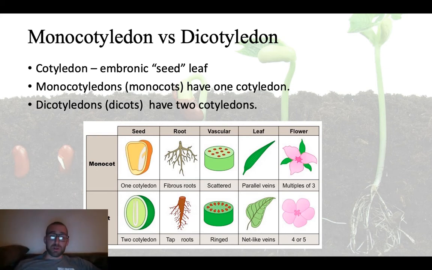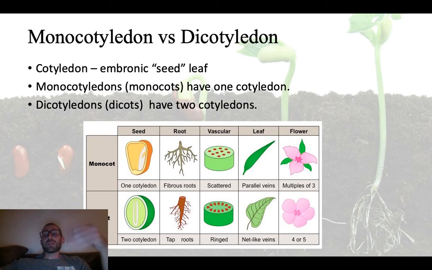Sometimes there's some variation in these. But for the most part, if we're looking at their root structure, our monocots have fibrous roots, whereas our dicots tend to have one thick taproot. If we look at the vascular system, which we're going to learn about in maybe 2 lectures from now, in our monocots, the vascular system is kind of scattered. With our dicots, it forms this nice ring around the stem. If we look at the venation of our leaves, monocots tend to have parallel veins, whereas dicots are more net-like.